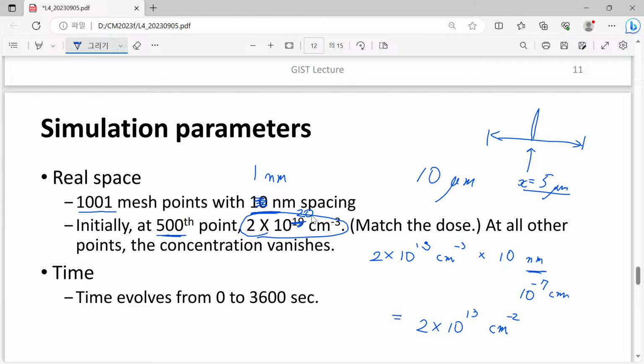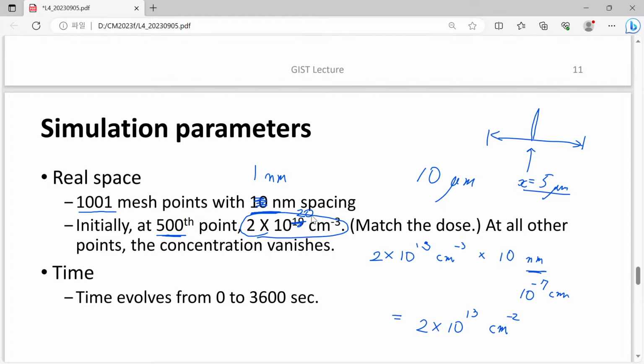Because we are talking about an approximate form of a delta function. The delta function simply says that the integration over a given range gives you a certain given number, so we have to be careful about this one. And at all other points, the concentration vanishes. So we have the initial condition.